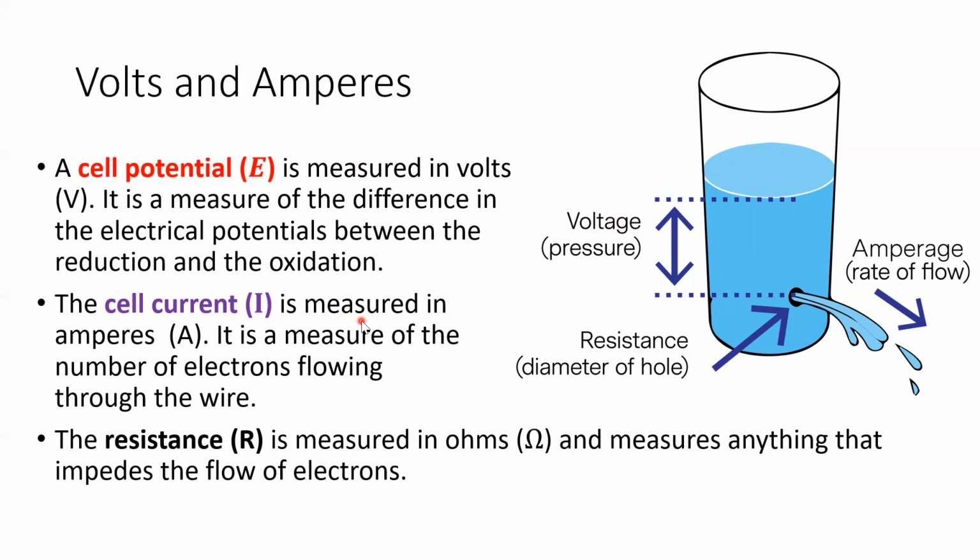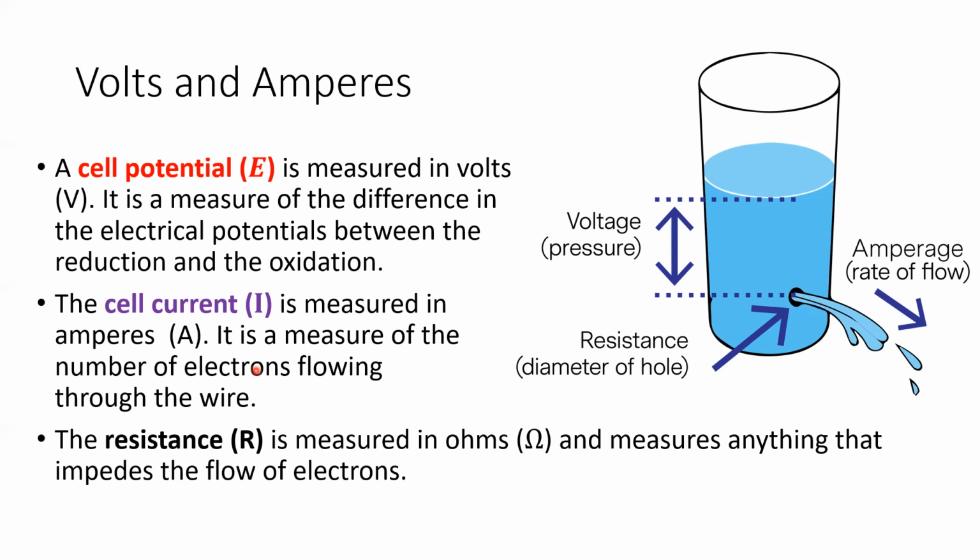The current is like the flow of the water out of this hole. The more water that flows out of the hole, the larger the current. The less water that flows through this hole, the lower the current. It's the same thing if we talk about the flow of electrons through a wire. If a lot of electrons are flowing through a wire, it's going to be a high current.